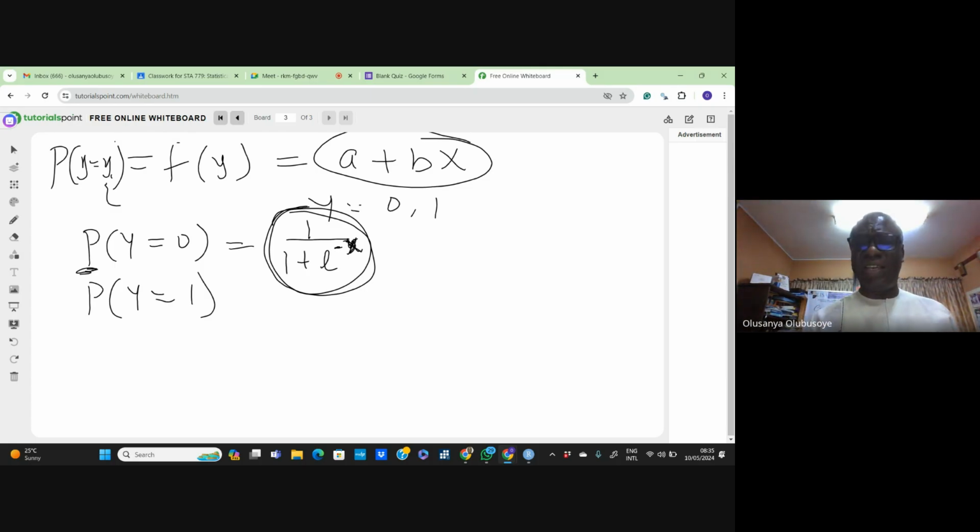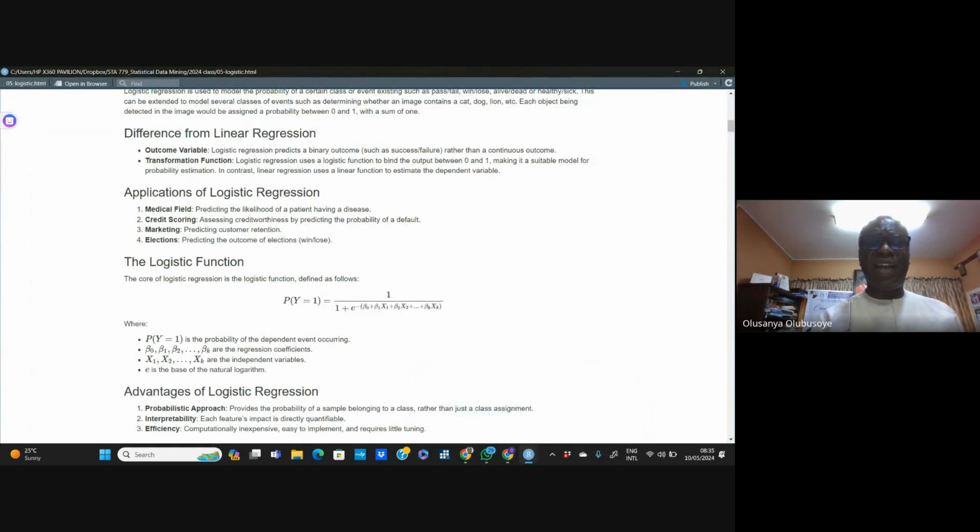That is why here now you have the expression, the logistic function, defined as given in that expression.